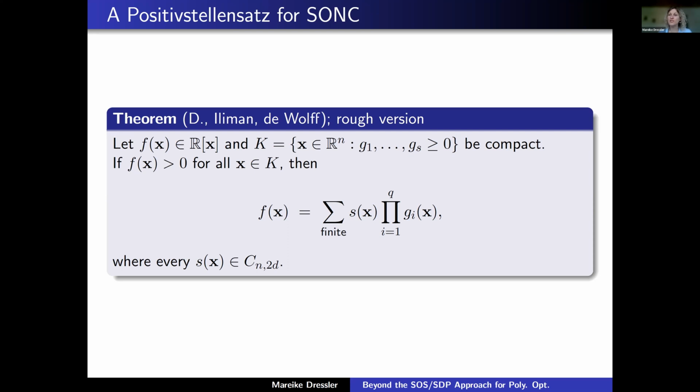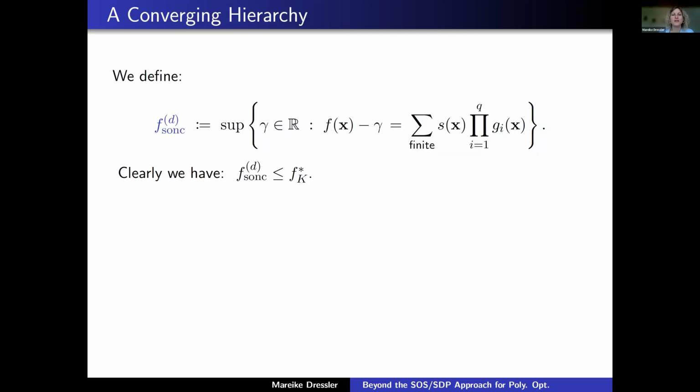Okay, so we have now a Positivstellensatz, so to say the theoretical engine behind the hierarchy. So first of all, we can now also define a parameter. Let's define a parameter f SONC d as the largest real number gamma, such that f minus gamma has this representation as given in the Positivstellensatz. And clearly, so that I can compute this number, I have to bound the degree of all involved polynomials. And let's say this is d, so this is why this parameter d here enters.